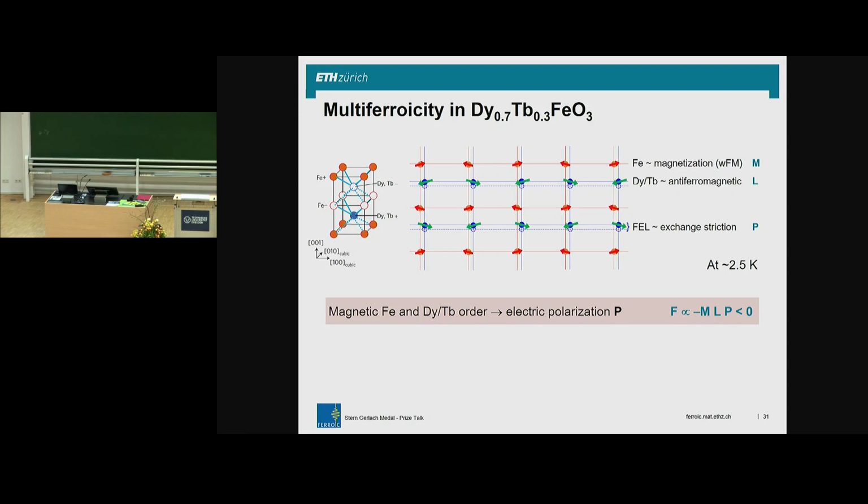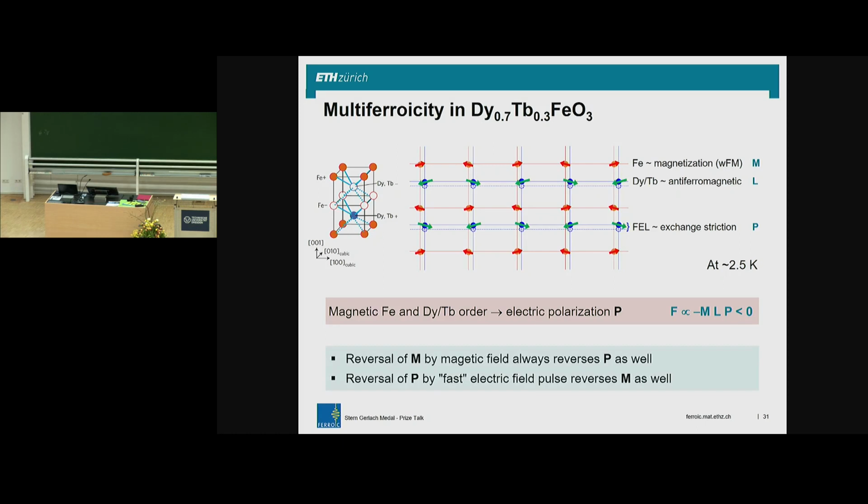Free energy is given by the product of all three of them. So when you now start switching, if you reverse M, P compensates for that. And if you reverse P, M compensates for that if you apply your electric poling pulse fast. There are more complicated scenarios that I'm not discussing now. The message is M changes with P, P changes with M.